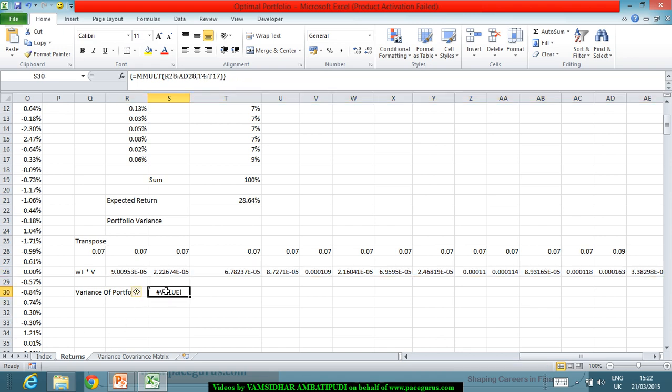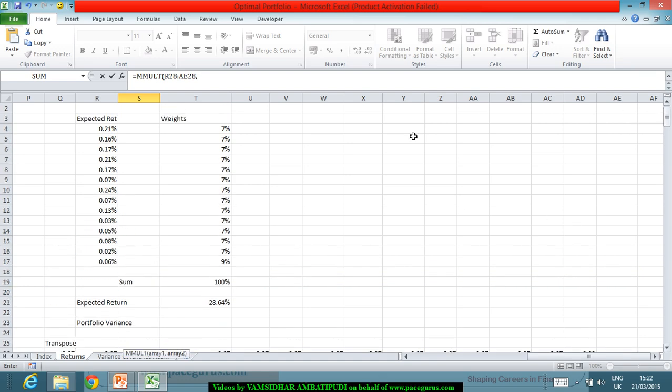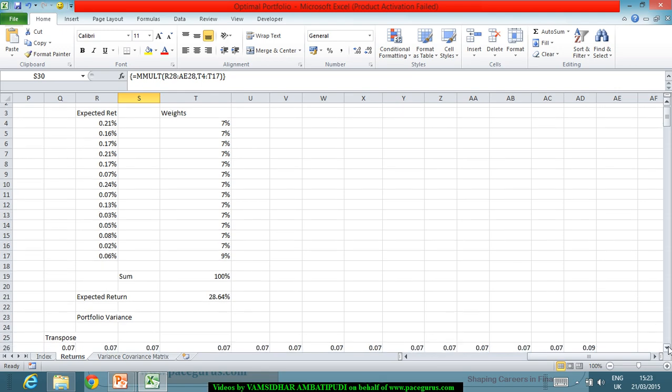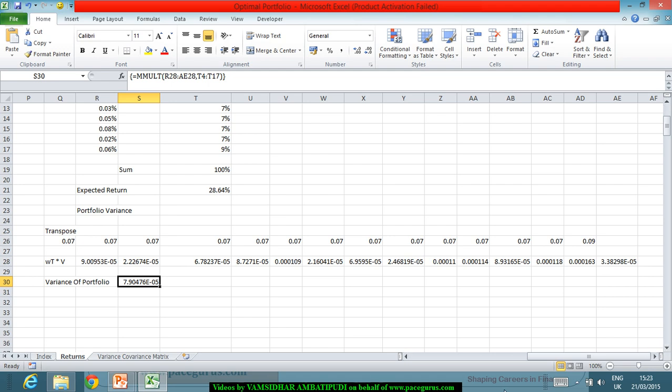So from here, we'll say that the variance of the portfolio again is the matrix multiplication from here to here, and I have to multiply the same with the weights which are from here to here. So let's see now if the variance of the portfolio is coming out. Yes, now the variance of the portfolio has come out.